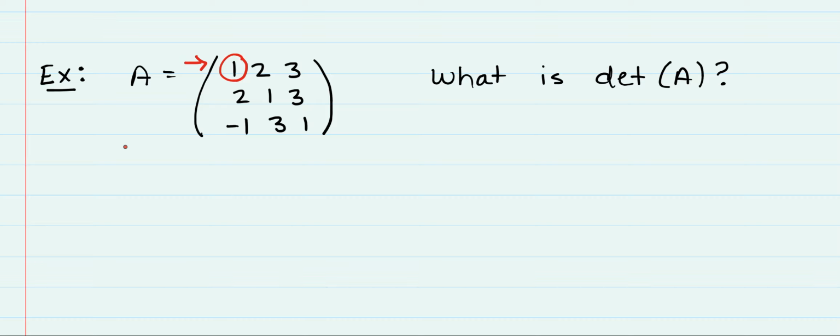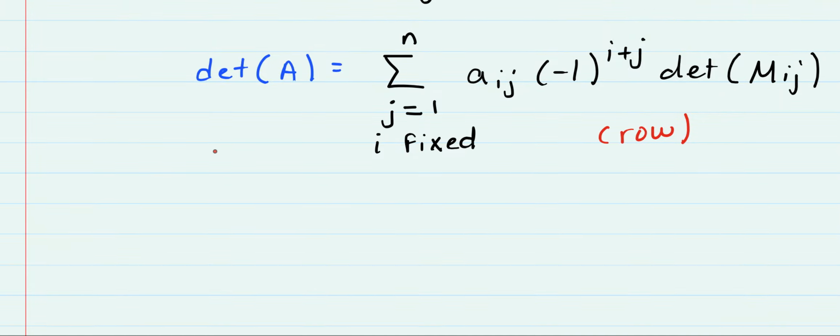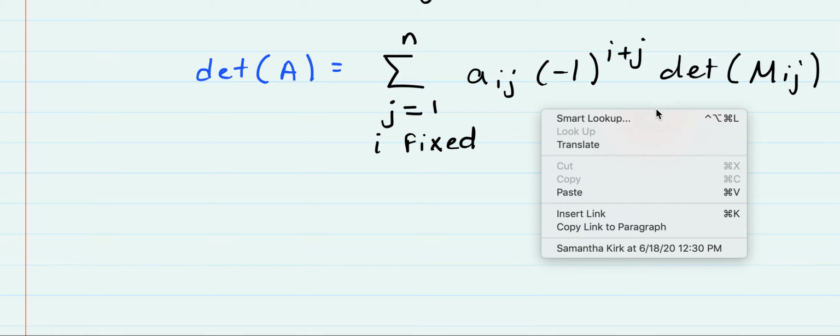Following this row definition of the determinant, I'm going to start with A11, then negative 1 to the 1 plus 1, determinant of M11, and then we're going to go A12, then 1 plus 2, determinant of M12, and so on.